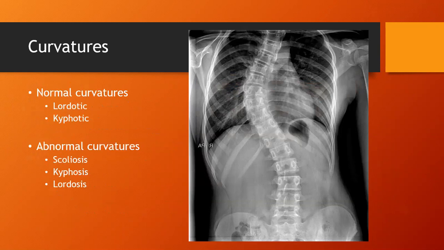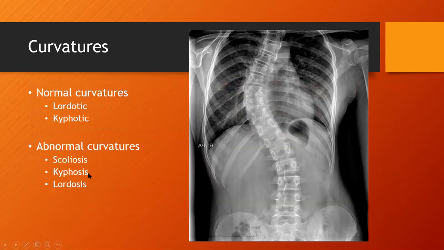Your first is going to be scoliosis. The image in the diagram is an example of scoliosis, because here you have your vertebral column, and you see that you have a lateral curve toward the lateral side of the body, which is the abnormal curve. This is your scoliosis.